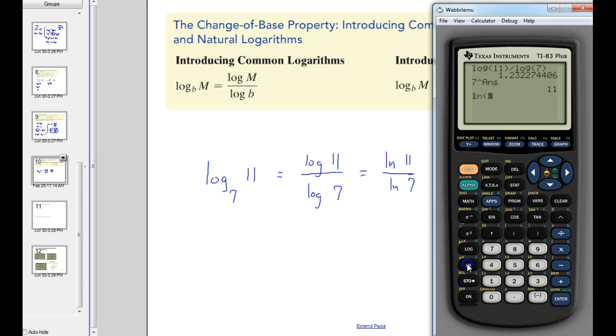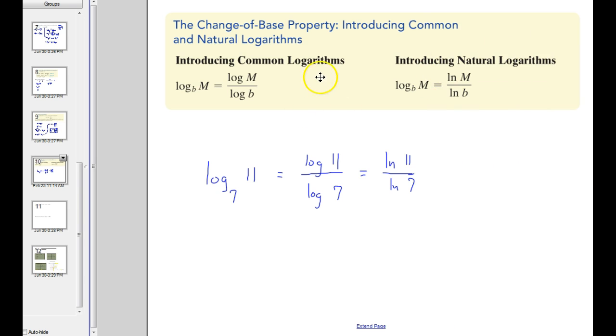Okay, and also again we'll work with natural log. Alright, same number. So it doesn't matter which log base you change it to, as long as you use the same one for top and bottom. Okay, you can't use log here and ln here, ln here and log here. It's got to be the same top and bottom.